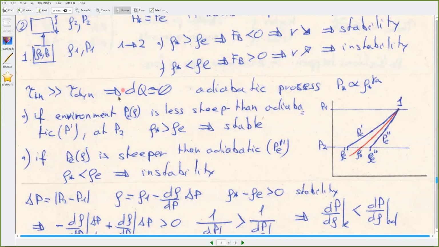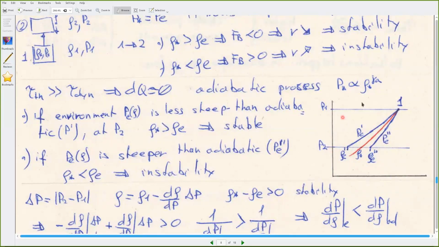So it is a good approximation that in this movement the changes are adiabatic, with no use of energy during the movement, just at the end.